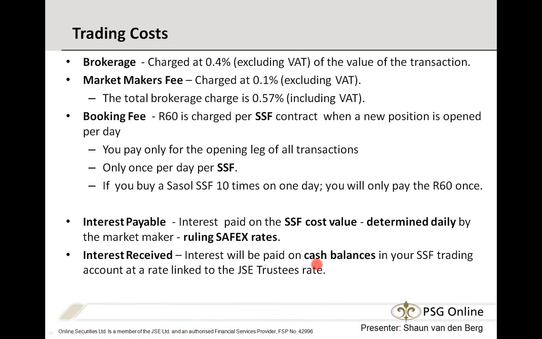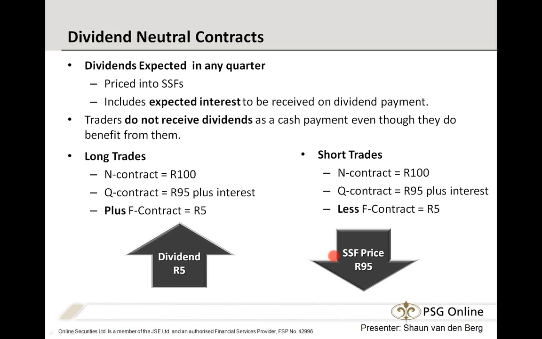You receive interest on the cash balances in your account, but also you get interest on the margin you're putting down. So those are the things that you must also be aware of. At PSG Online, we trade what we call dividend neutral contracts. So dividend neutral contracts really means any dividends that are expected in the next 90 days, in the quarter, are also priced into the single stock futures price already.